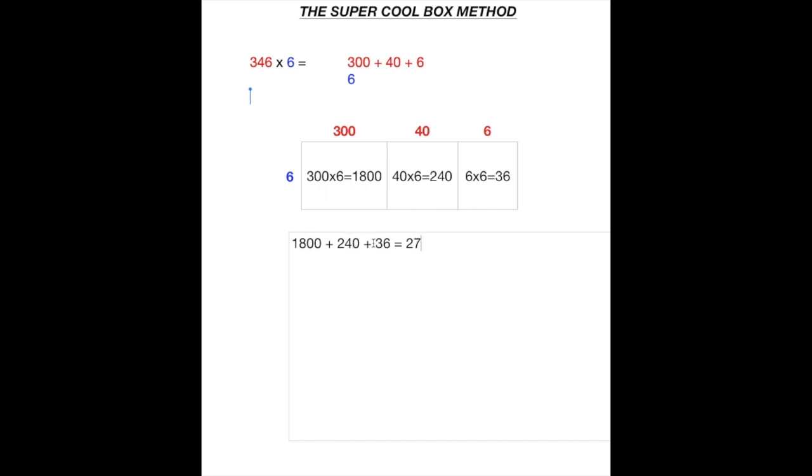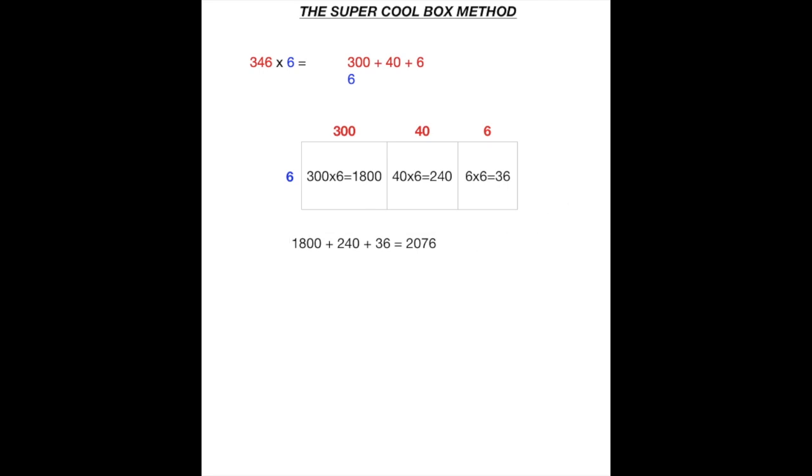And finally, 0 ones and 6 ones would give us a number of 2,076. No hundreds left over. 40, 70, and 6. 2,076. And again, you could stack those and add them any way you wanted.